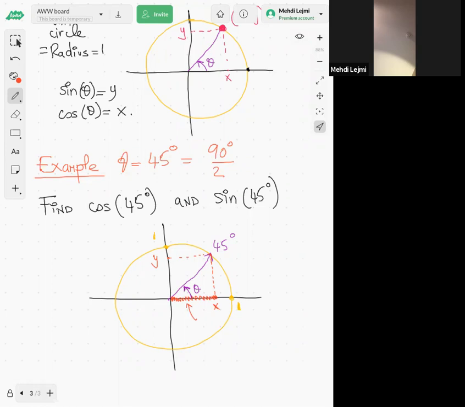Now the sine of 45 degrees would be equal to y, right? So cosine of 45 degrees, that's x, and the sine of 45 degrees, that's your y. This is my y coordinate, and so that's the sine of 45 degrees.